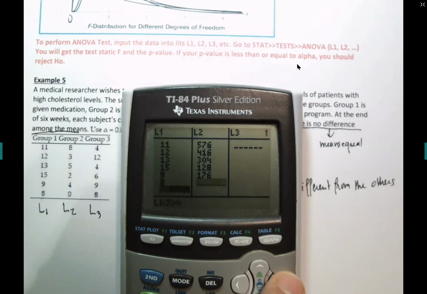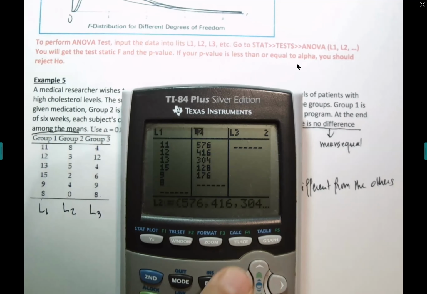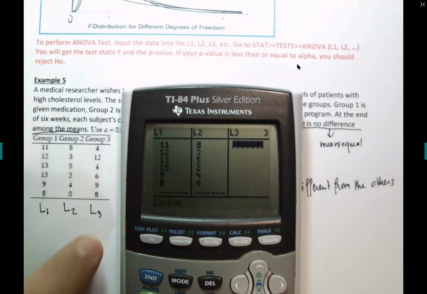This is L1, L2. Samples don't necessarily have the same size, but it happened to have the same size here. It's not necessary.